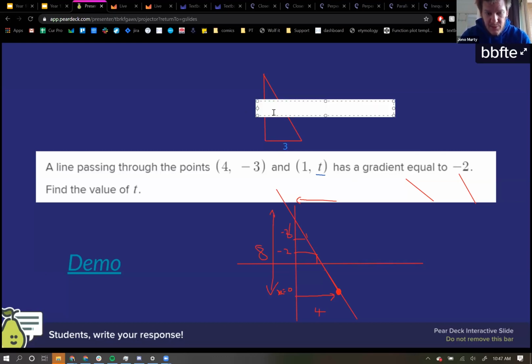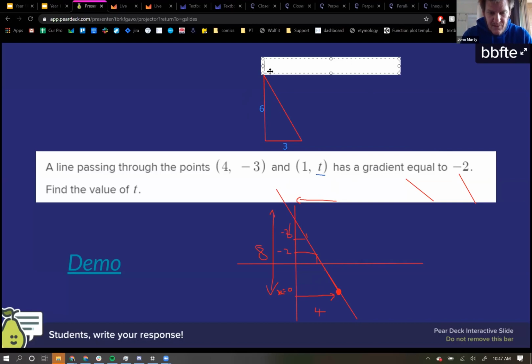This means this has to have gone down 6. And so if we've gone down 6 and we ended up at minus 3, this point here, 1, t must equal 1, 3. So t equals 3, yes.